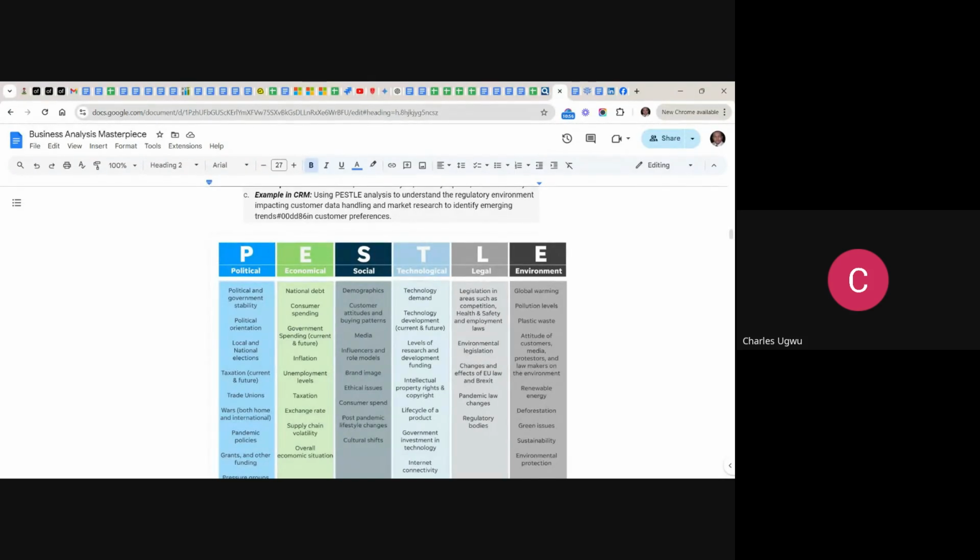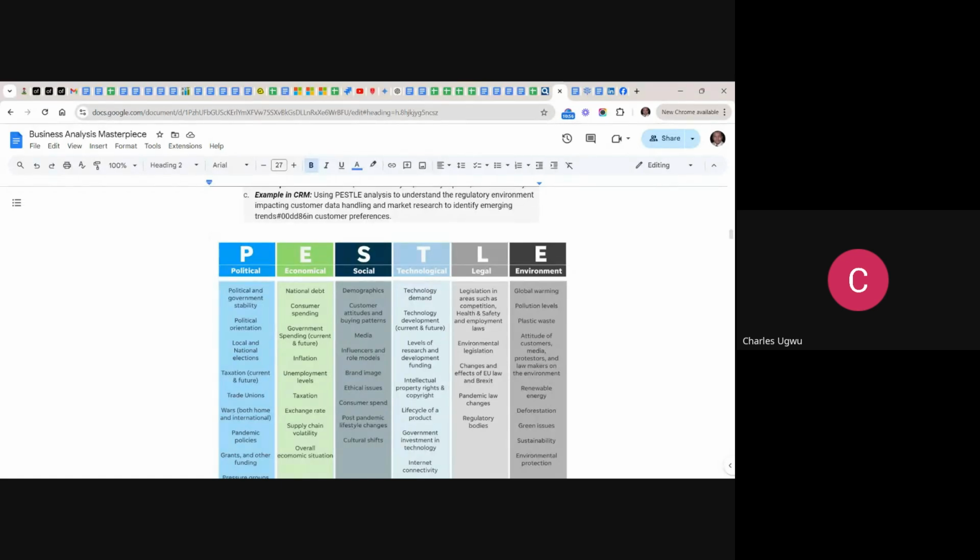All these are various factors affecting a business. So we try to understand the various factors in the business where we operate.